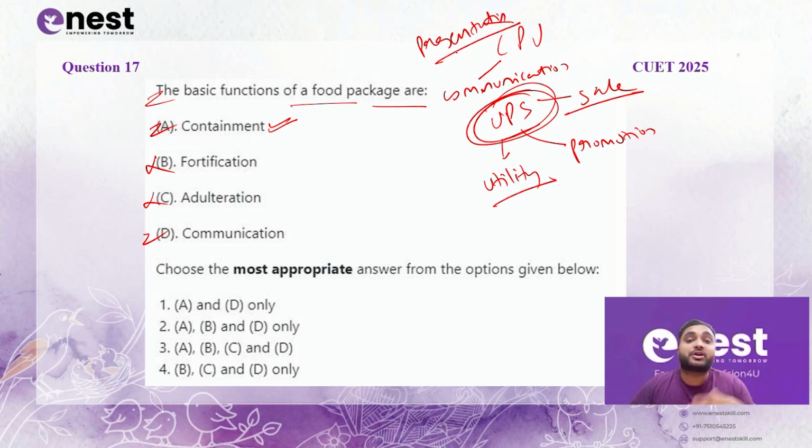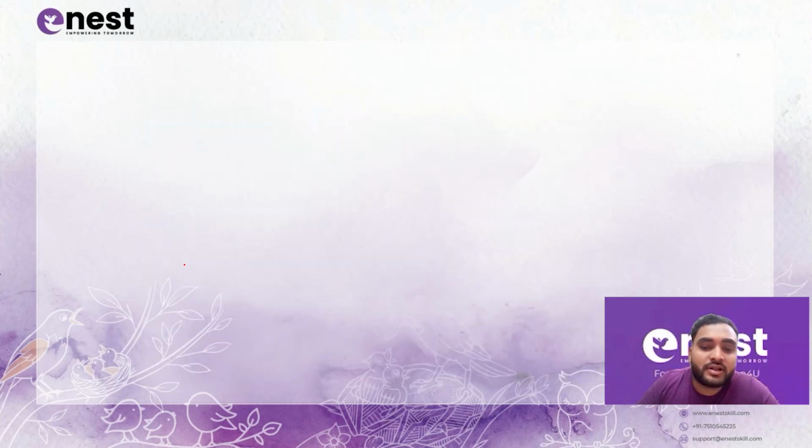That means when you buy a product, its presentation is being done for you. You get an idea of how the product will look, and you go for utility. So in this way you can remember the functions of a packaging material in terms of your parts of computer. So A and D are the right options for this question. That makes first the right option for this question. Let's go on to the next.